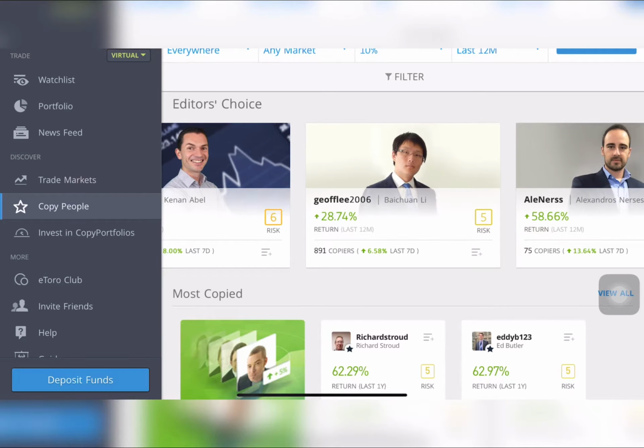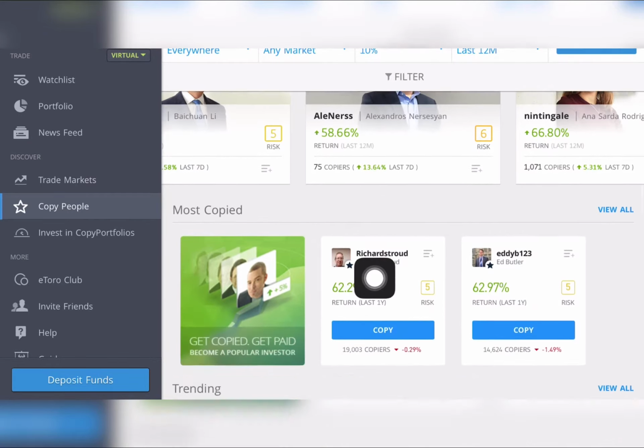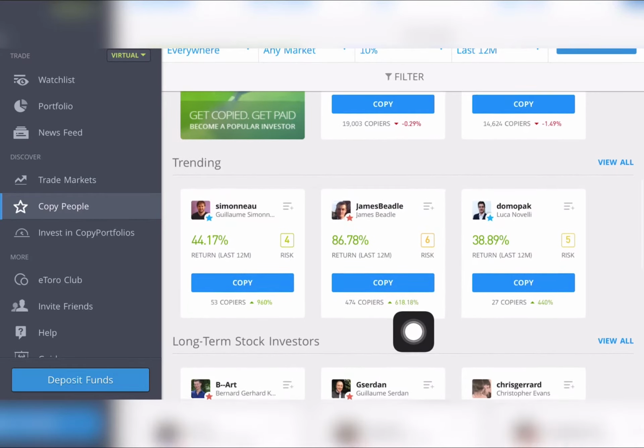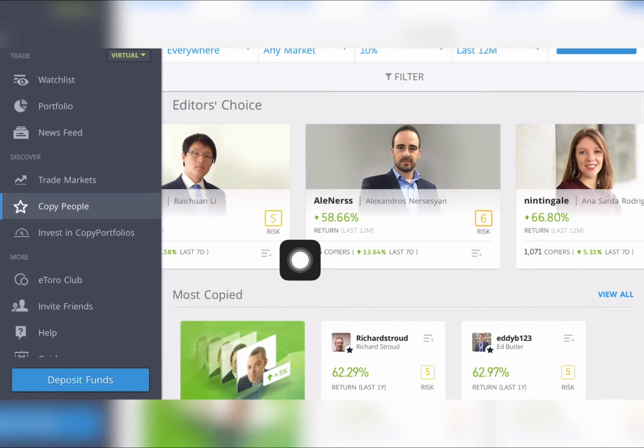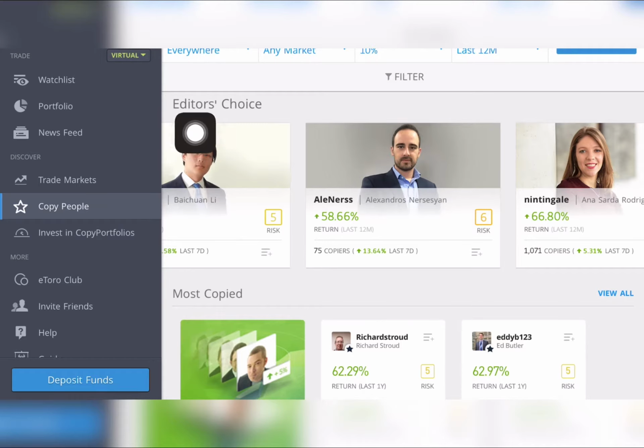So moving on, how will you choose a good trader whom you want to copy? You just check their risk. If you are high risk, moderate, or low risk and kind of conservative, you just choose based on that. Here, these are the editor's choice.